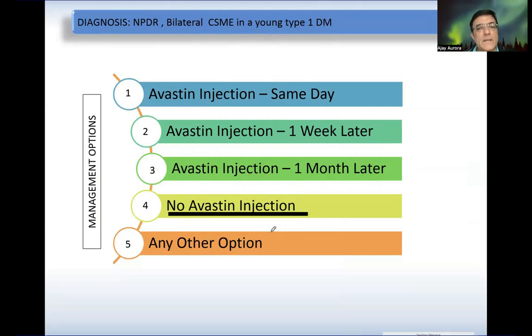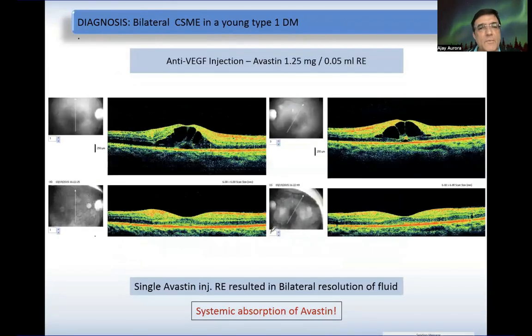Now, why we decided not to inject any anti-VEGF at all? Because when we did an angiogram of the other eye, 1 day after we had injected in the right eye, there was a bilateral resolution of fluid.